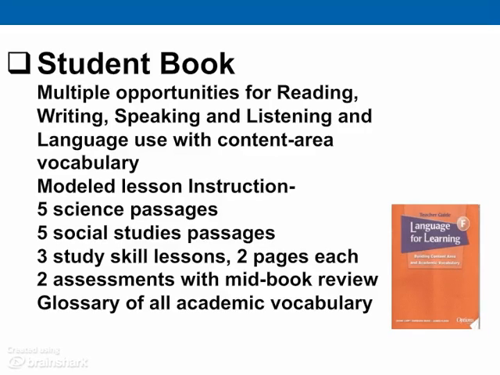There are 5 science passages and 5 social studies passages in each of the grade level text. Study skills for reading nonfiction are found throughout the text, and there are 2 formal assessments along with a mid-book review. Of course, there's a handy glossary for all your academic vocabulary at the back of the book as well for students.